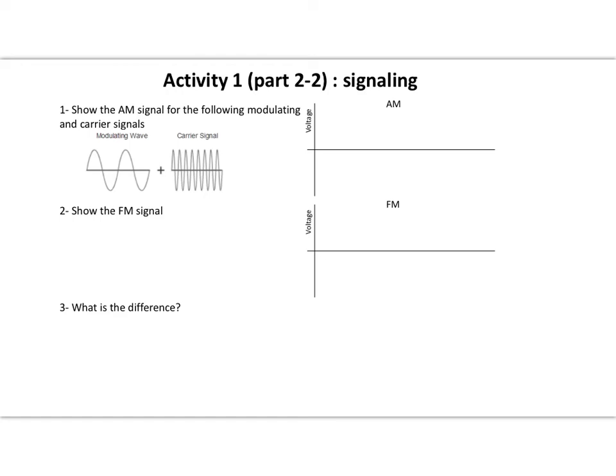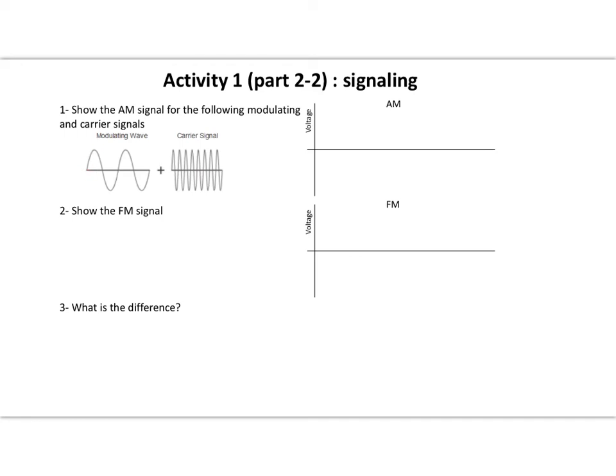So that's the input signal, and we have the carrier signal. We have to mix them both using one of these two schemes. Is that clear? For the analog signal, what we try to do is take the carrier signal and change its amplitude based on the amplitude of this modulating signal.